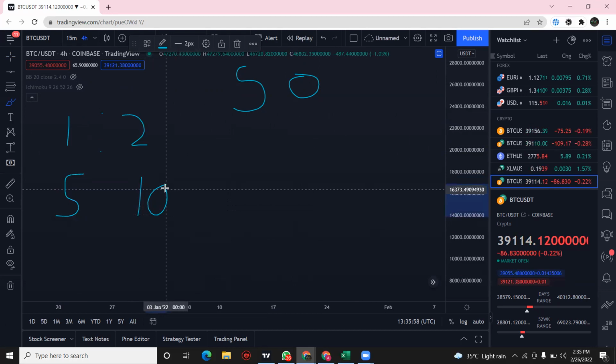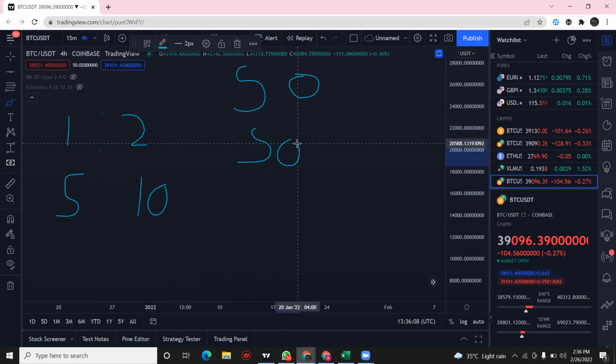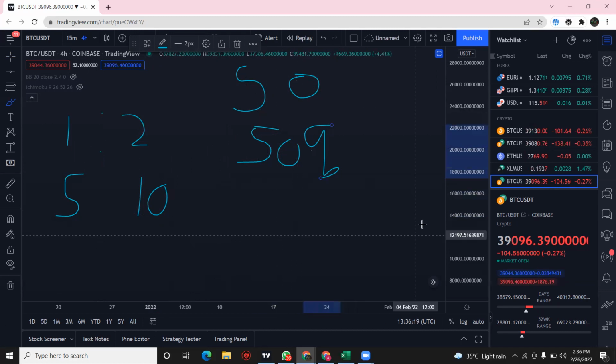That's 1 to 2. Let's assume the accuracy of the strategy is only 50%. So if you take 10 trades, you will lose 5 and you will gain 5. That's 50%. It's 50-50, both the gain and the loss.